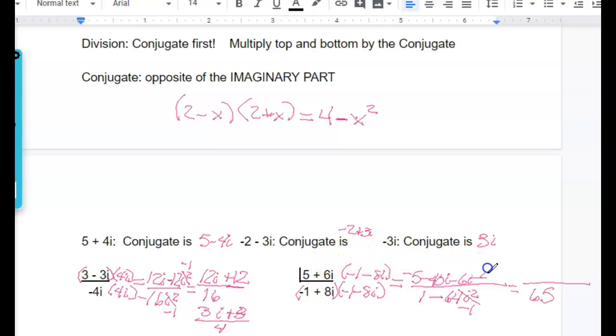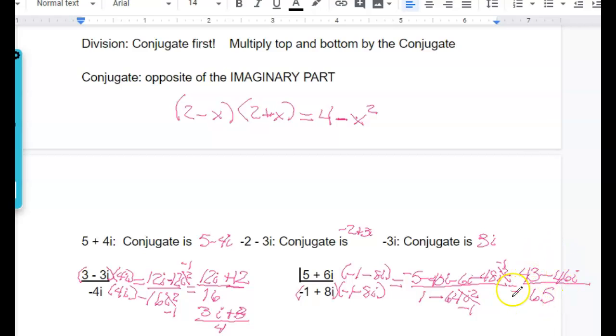So a negative 48, and now I have my i squared. I'm going to cancel that out and put a negative 1. So now I have negative 5 plus 48. And I have negative 40i minus 6i, which is negative 46i.